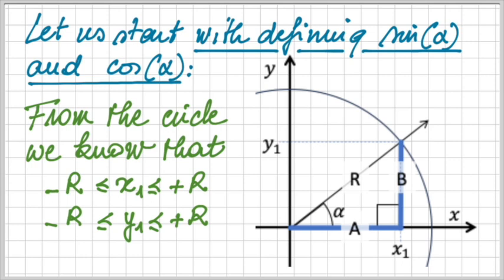Whatever angle we select, x1 and y1 will always be between minus r and plus r. That's the basis for defining sine and cosine.